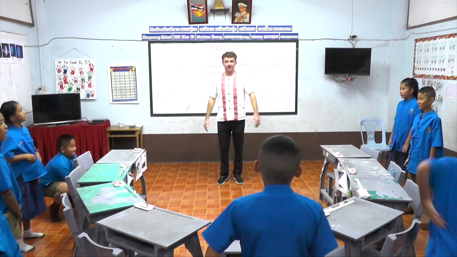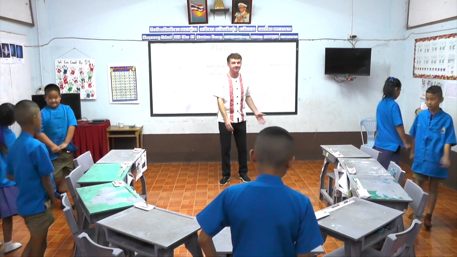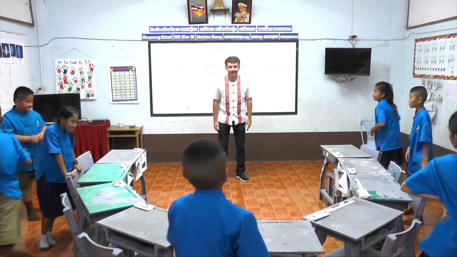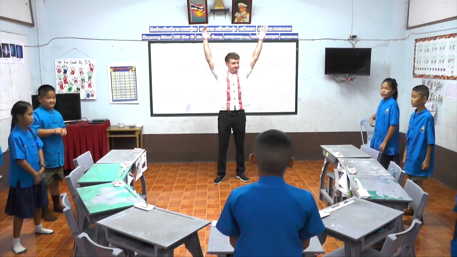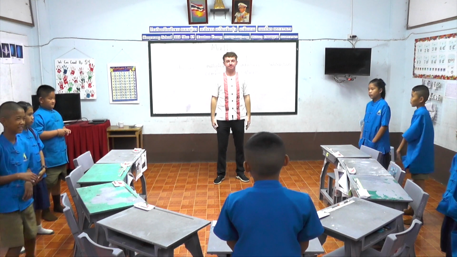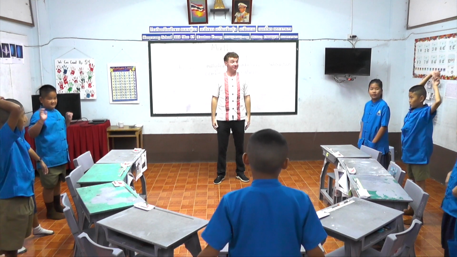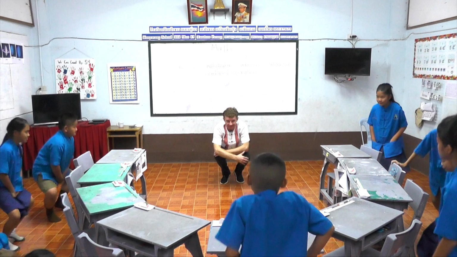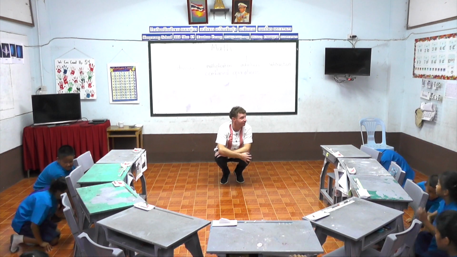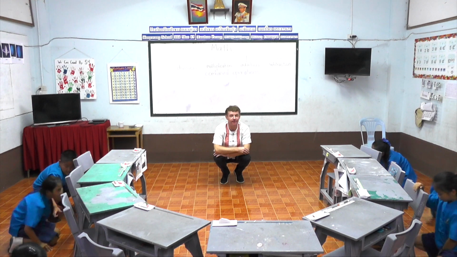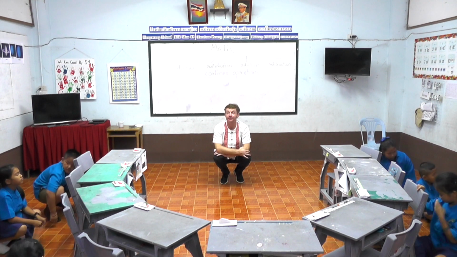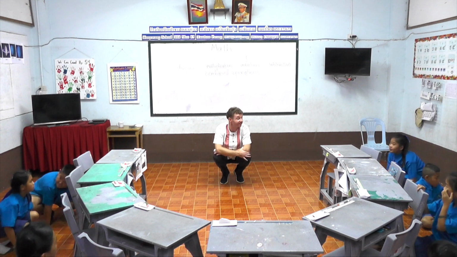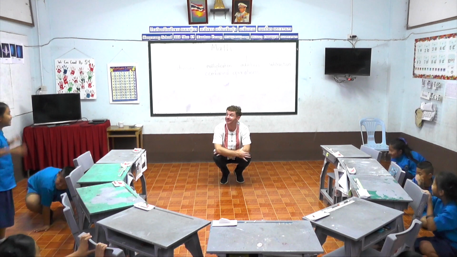And then teacher says, turn around. Teacher says, back the other way. Arms in the air. Teacher says, arms down. Teacher says, into a ball. 5, 4, 3, 2, 1. Teacher says, jump.